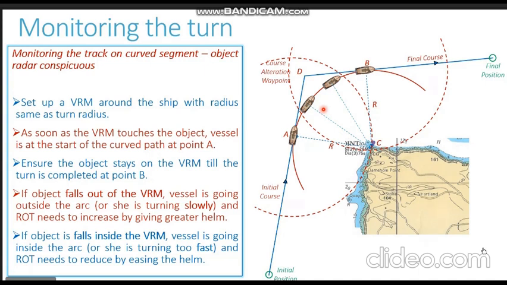A very simple technique, only using the VRM of the radar to find out whether the vessel is moving on the curved path or not. So a very easy way to monitor our progress with a radar conspicuous object.